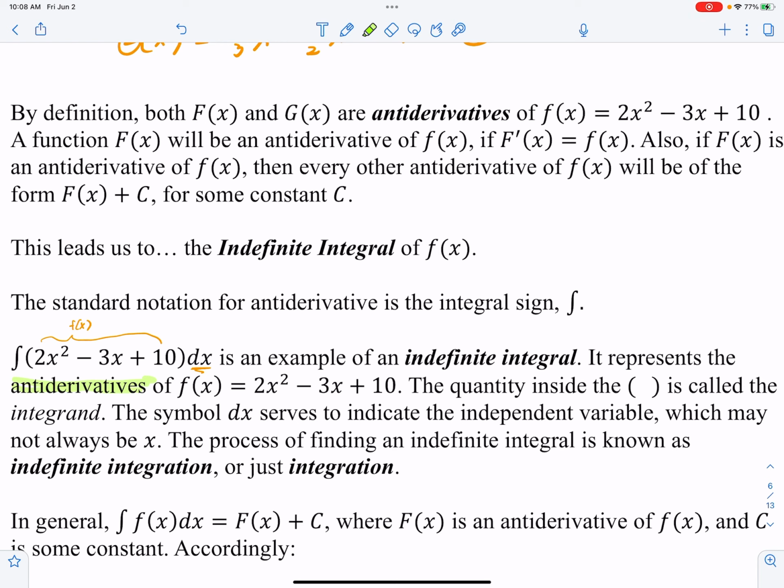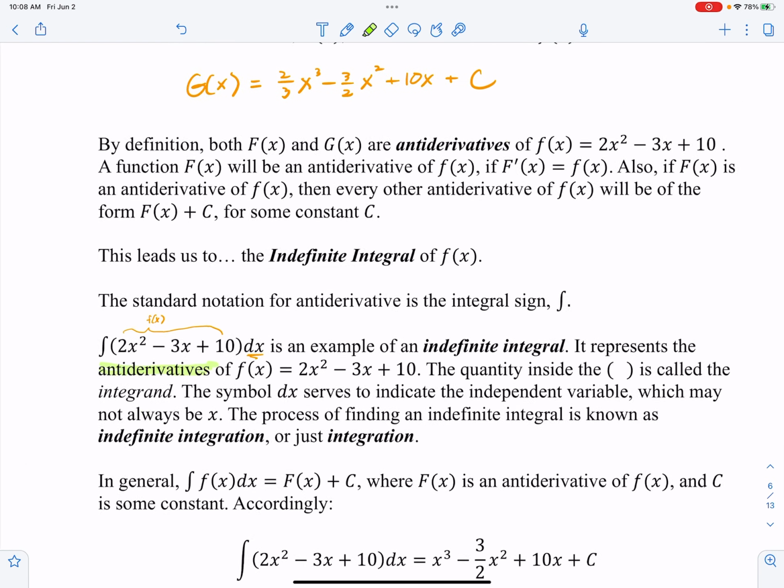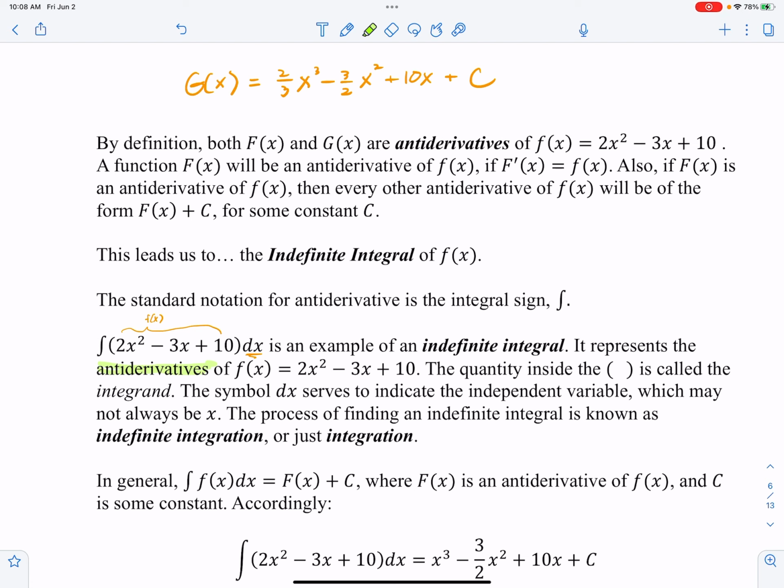So the indefinite integral indicates what we're doing to lowercase f of x, meaning that the quantity inside is called the integrand. The symbol dx serves to indicate the independent variable, which might not always be x. And the process of finding the indefinite integral is indefinite integration, or just integration. Now, when you find the indefinite integral, you are finding the general antiderivative of the function.